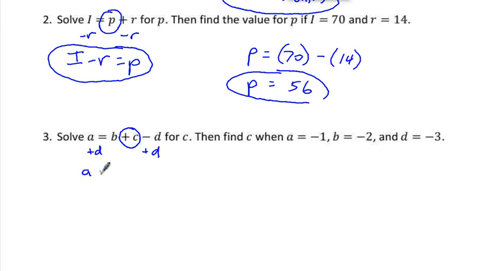A plus D equals B plus C. Again, we still want C by itself, so we're going to subtract B from both sides of the equal sign and have A minus B plus D equals C.